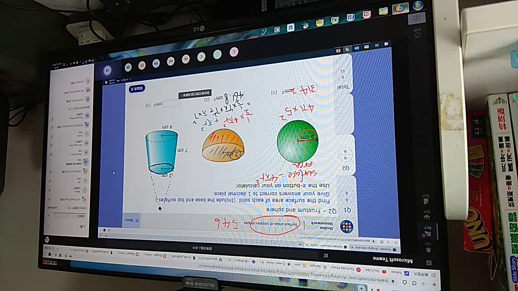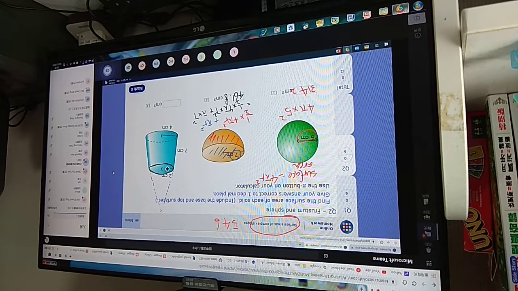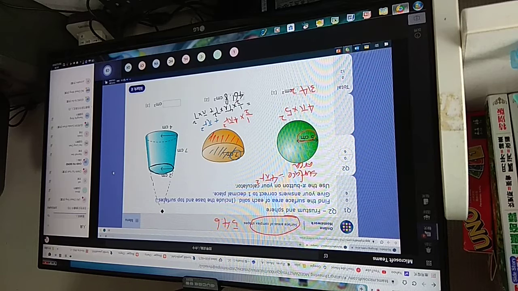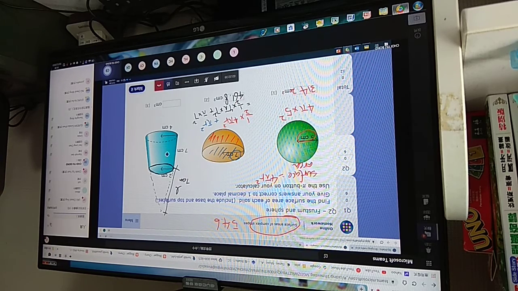But remember, if we want to calculate the surface area of a cone, then we have to know the length of the side, the slant length, in Chinese. Okay, so what is the value of L? Actually, L is 7 cm.